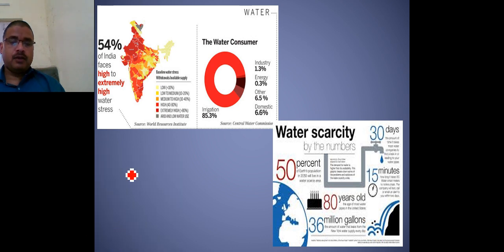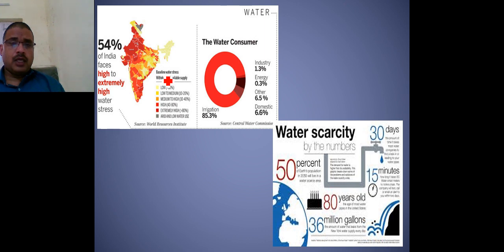You can see in this picture there are some yellow places and some red places. The red color shows there is a scarcity of water. If water is not secured, then after some time there will be a burning condition in the country.